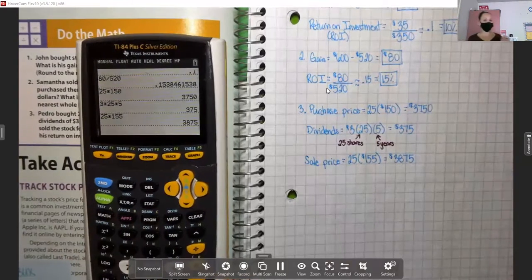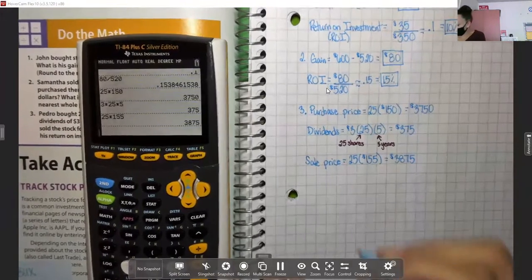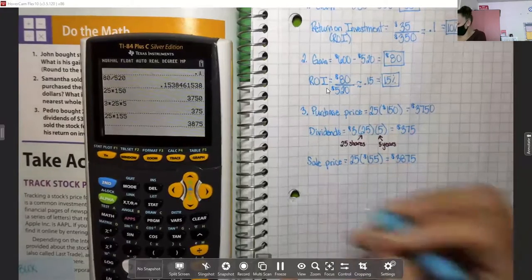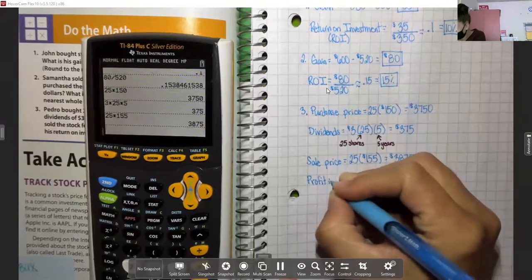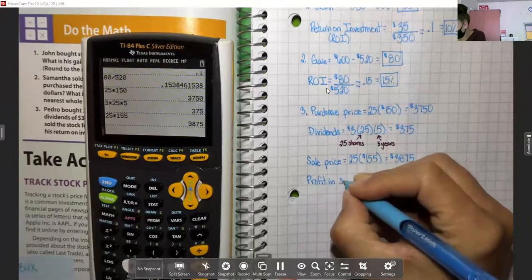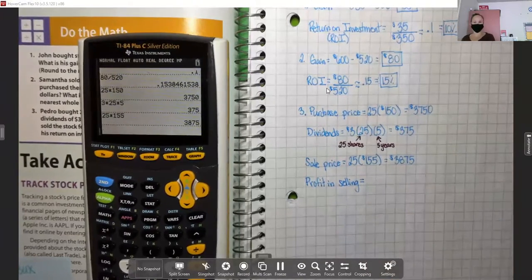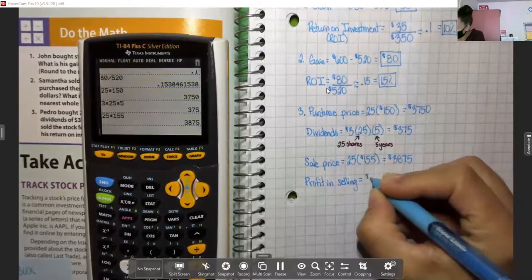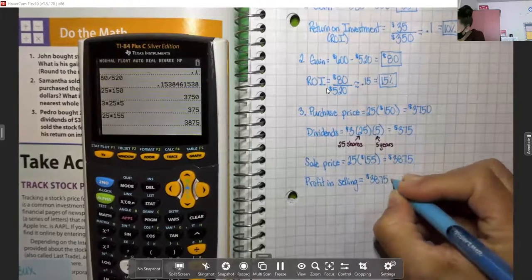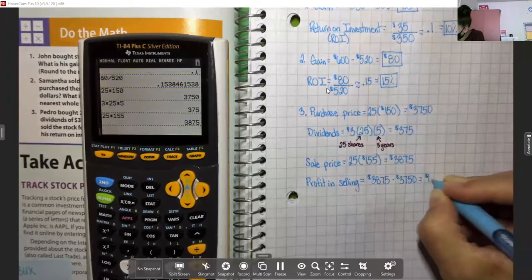So that's not how much profit he made, though. That's just how much money he got when he sold them. So the increase in value, or I'm going to call it the profit in selling. I think your book refers to it as an increase in value. Same idea. How much money did he make when he sold them? So 3,875 minus 3,750 is $125.